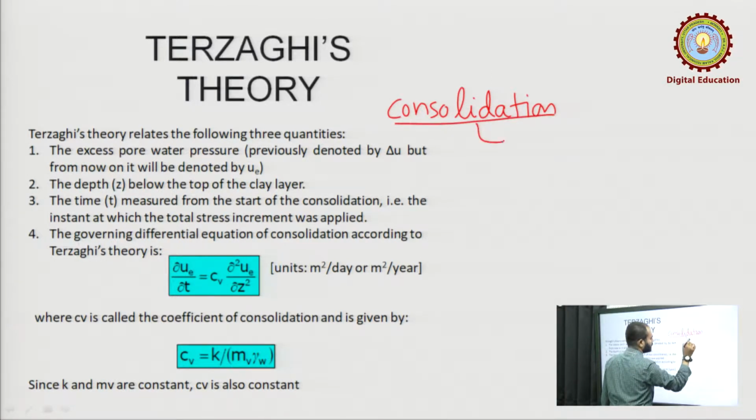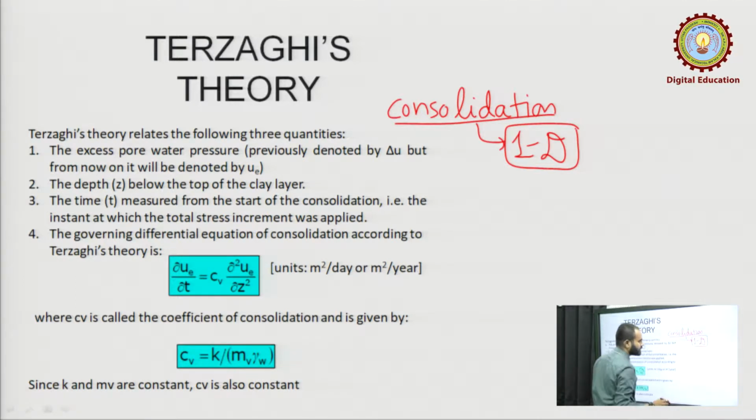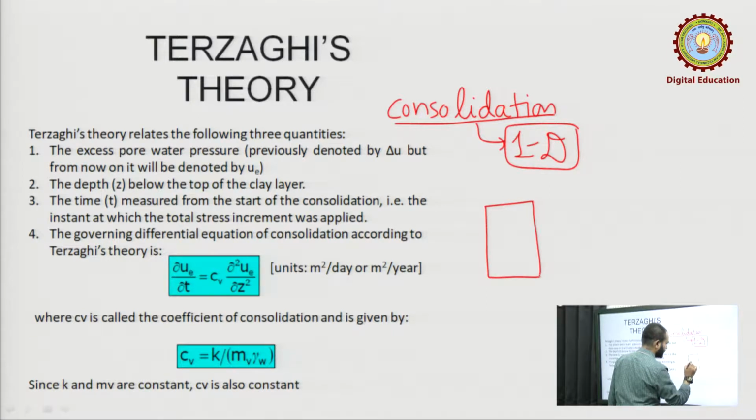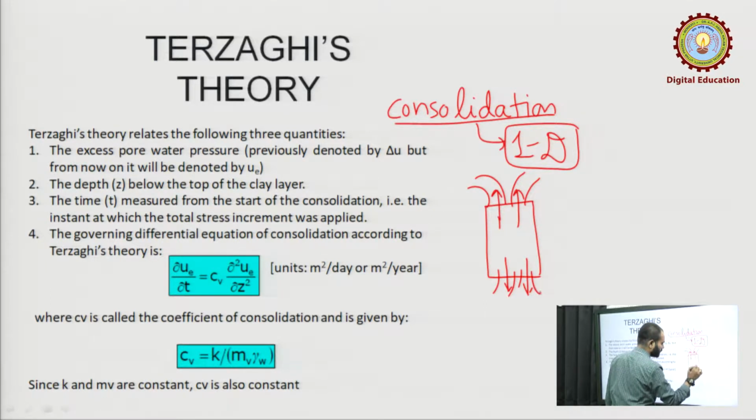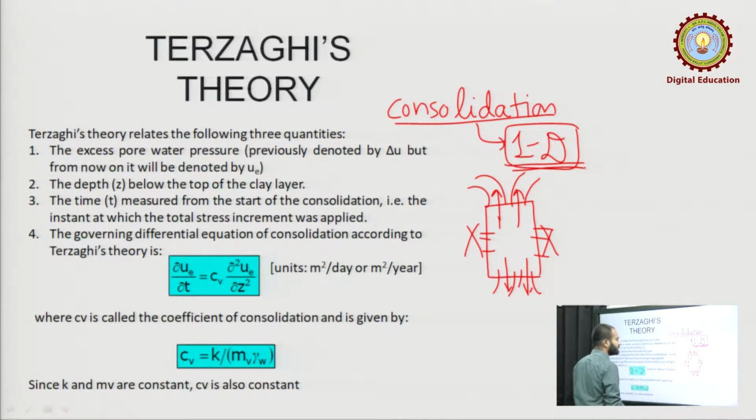He has given a 1D theory, a one dimensional theory, because if you remember, in the last class we discussed that he has taken the stress to come from one direction, or the water which is to be released will go out from the top and bottom layer only, not sidewise. Hence, it is a 1D consolidation theory.